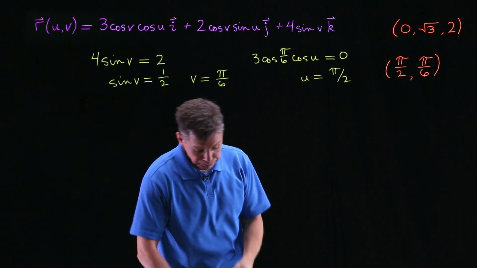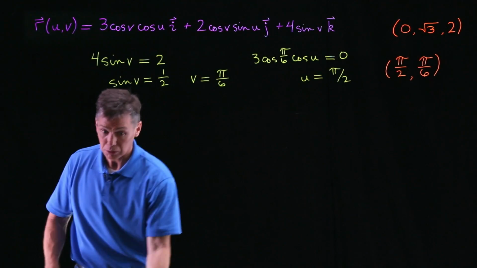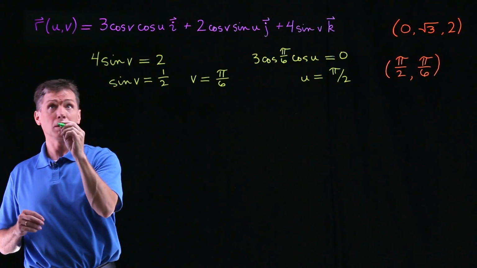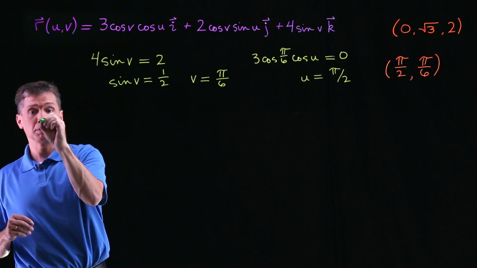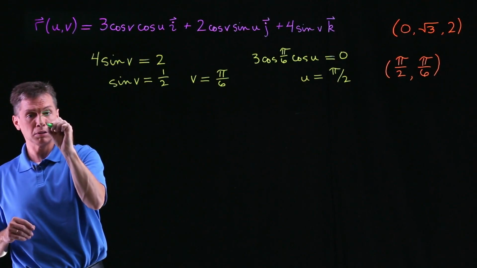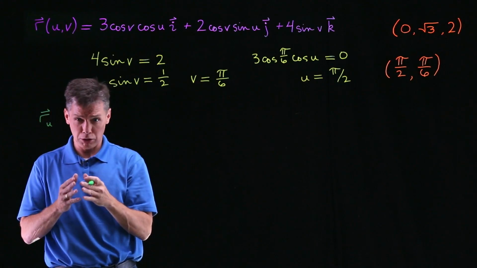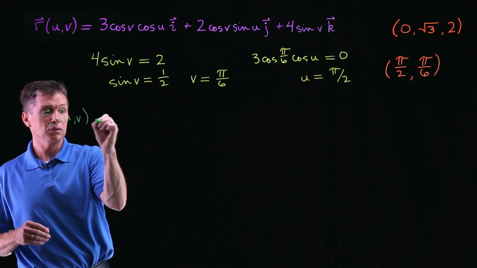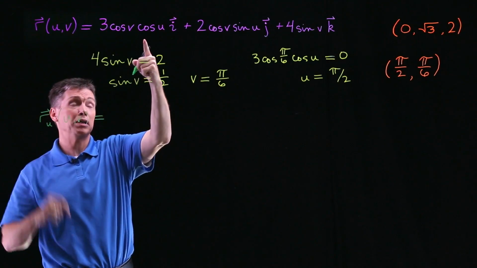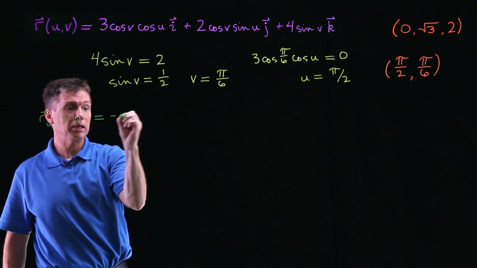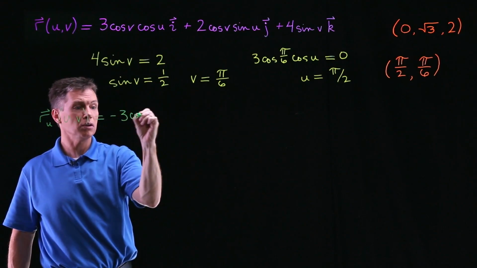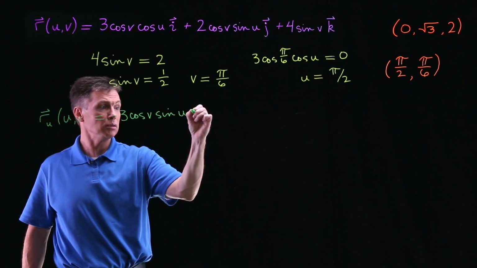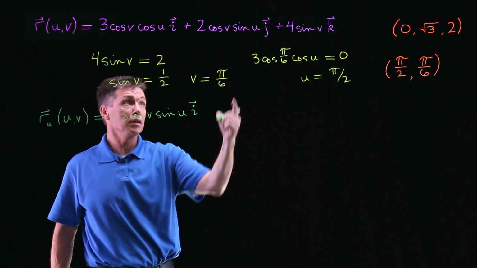All right, let's move on. The next work you need to do is calculate some partial derivatives of that r function. First, I'll do r as a partial derivative with respect to u of u, v. So go ahead and differentiate with respect to u. This looks like it's going to be a minus 3 cosine v sine u times i.